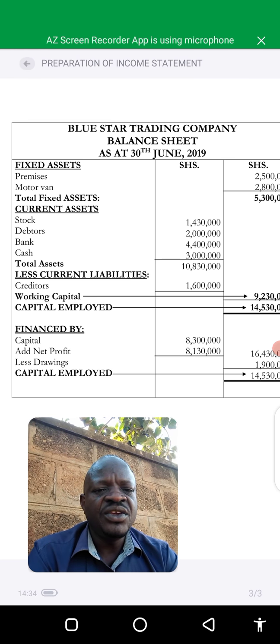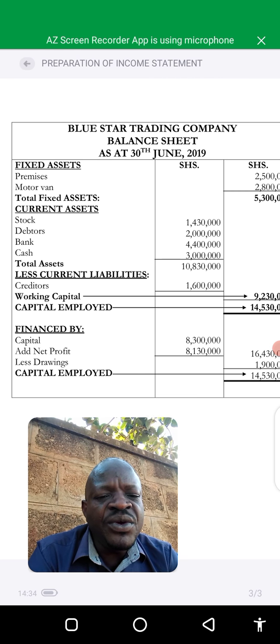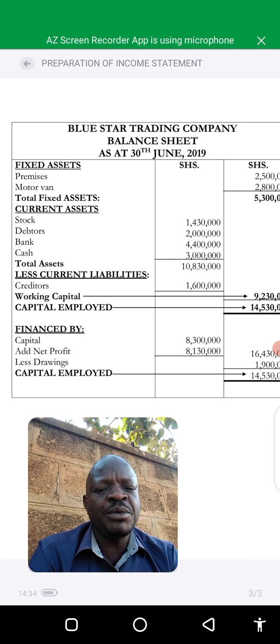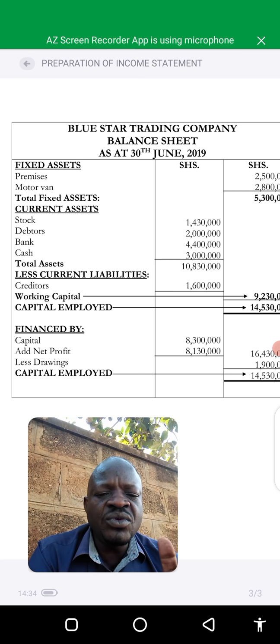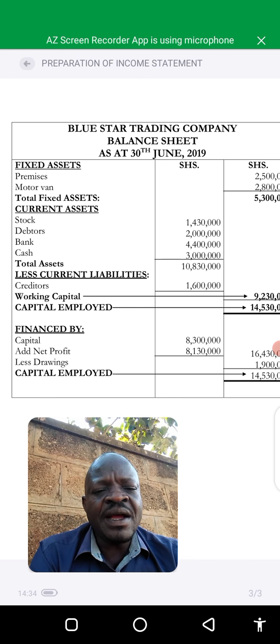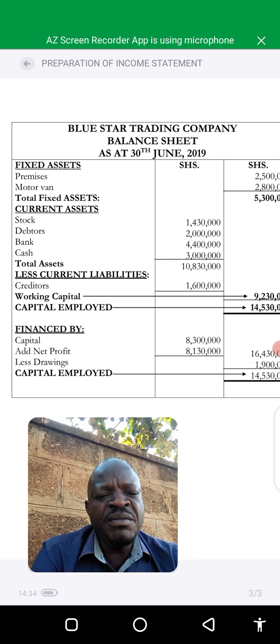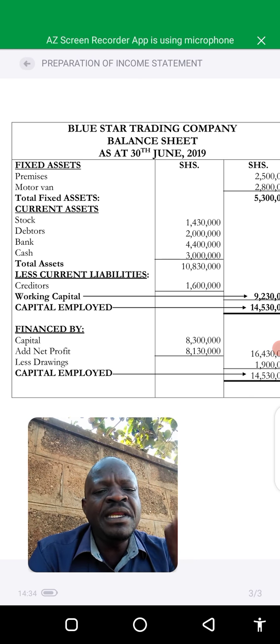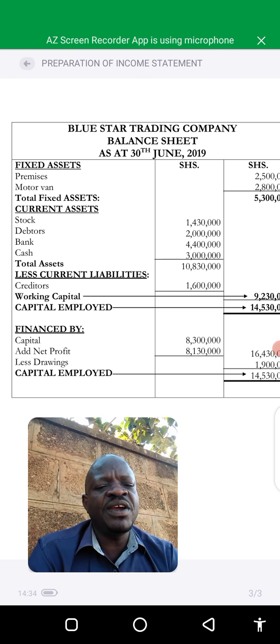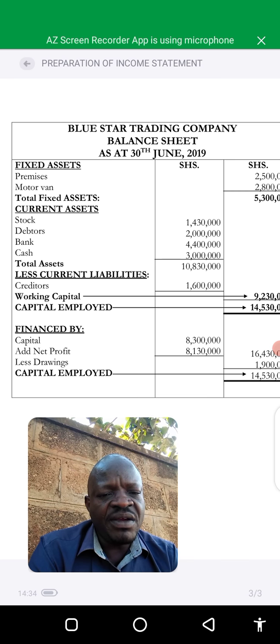And you can see we are getting 14,530,000. You can see that is also capital employed. You can see that we have two capital employed which are the same. The figure you see above of 14,530,000 must be the same as the one down here, part of financed by, of 14,530,000.